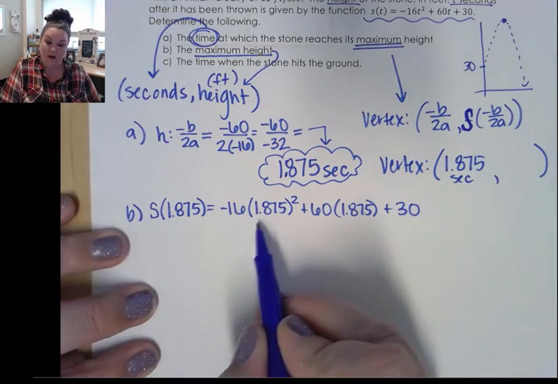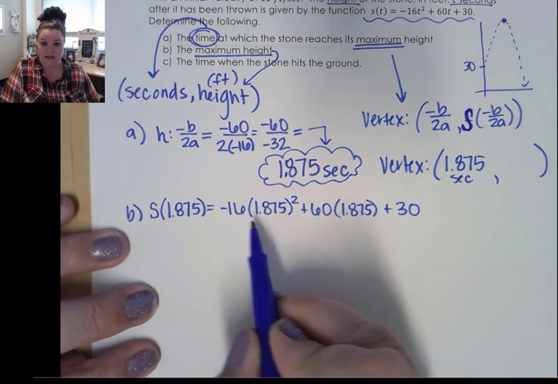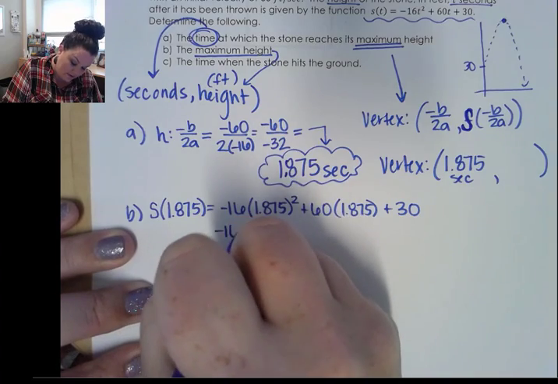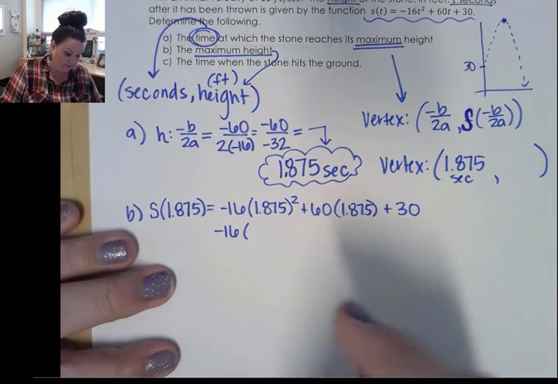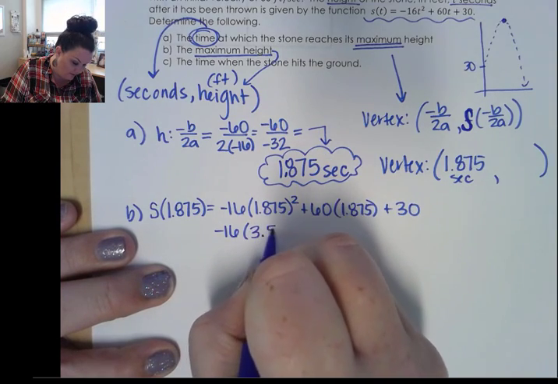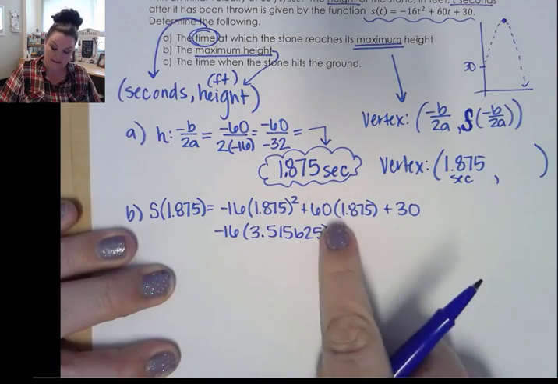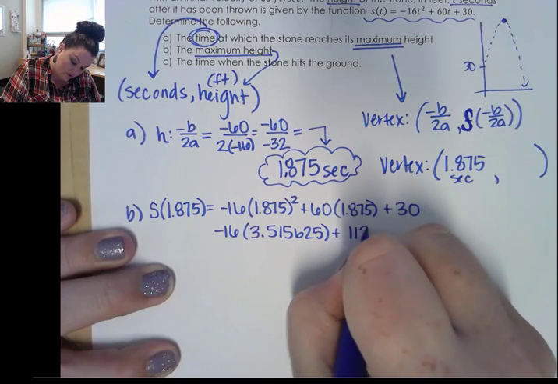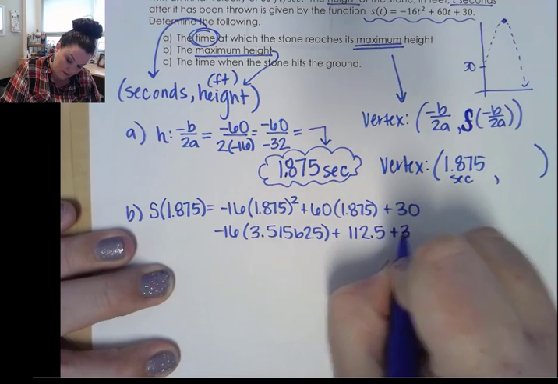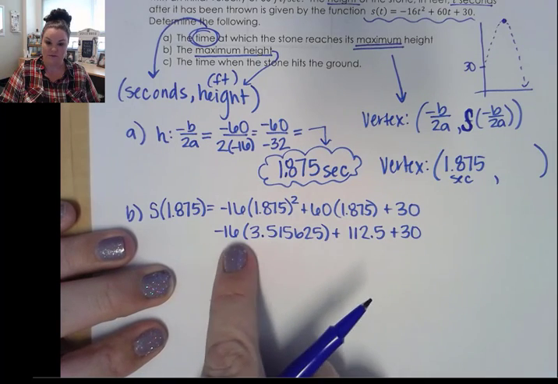I'm going to square the 1.875 first because we do exponent before we do multiplication. So I have negative 16 times, if I square 1.875, we get 3.515625, plus 60 times 1.875 gives me 112.5, plus 30. Then I need to do this multiplication.